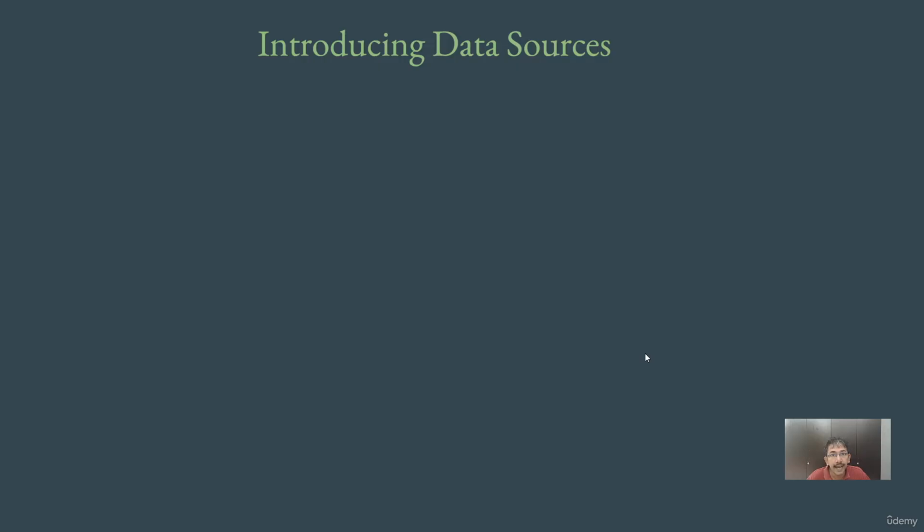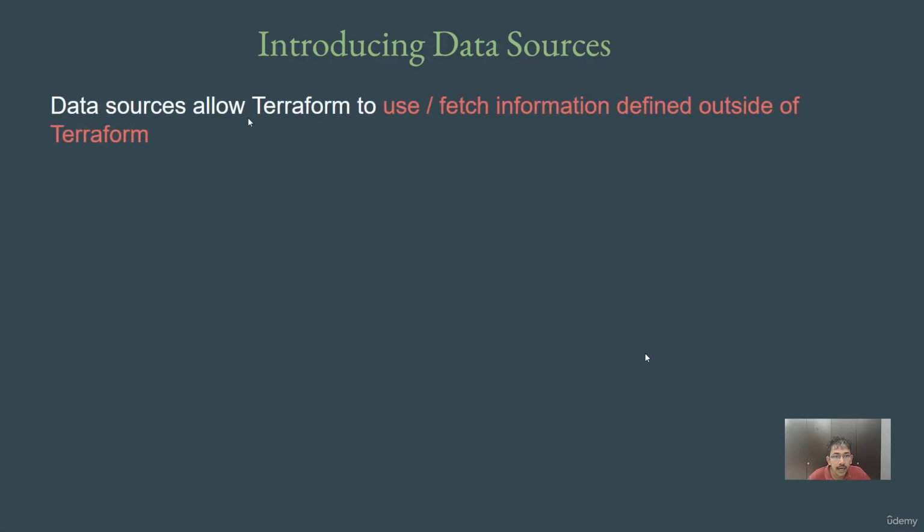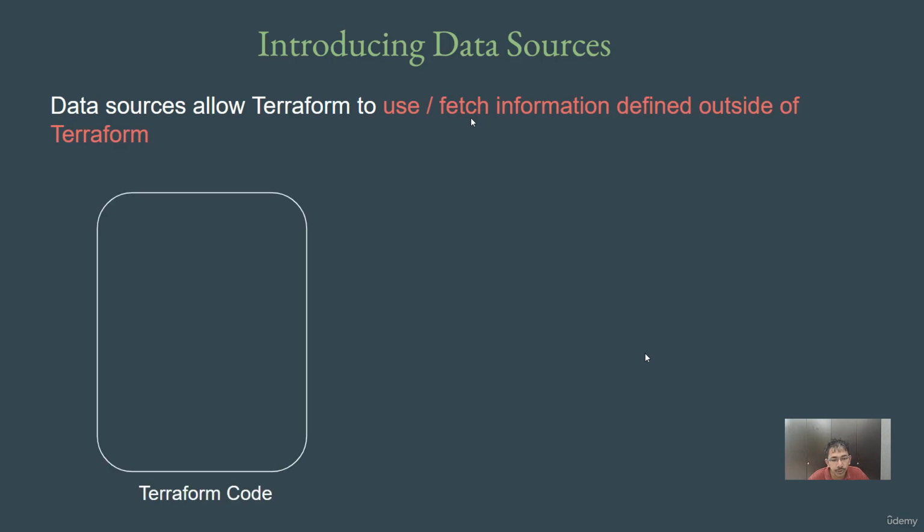At a very high level, data sources allow Terraform to use or fetch information that is defined outside of Terraform. This is a very big advantage and it can solve much more complex cases in an easier way. Let's understand this with an example where let's assume you have a Terraform code and you are using AWS as your provider.